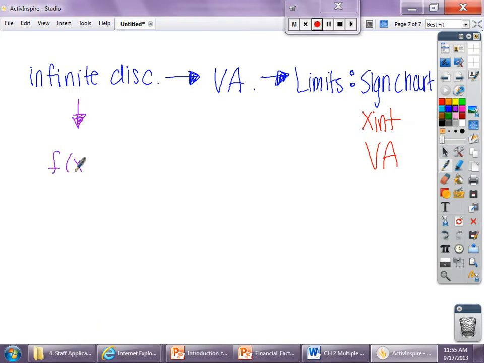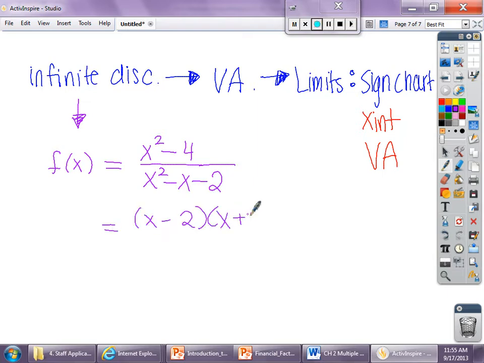Well, using this example, let's say. That would be my simple factoring example. Well, what do we get? X minus 2, x plus 2, x minus 2, x plus 1.